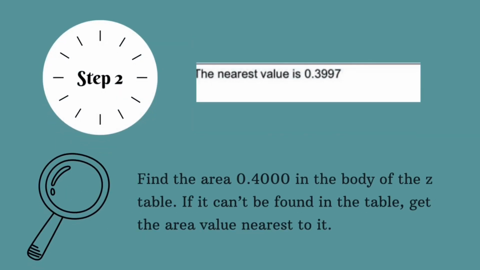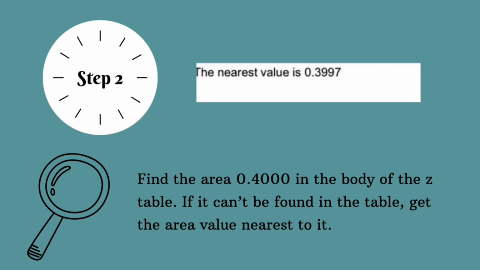Now, let's proceed to step 2. Our step 2 is to find the area of 0.4000. Because we converted 40% into 0.4000, we need to know the value or area of 0.4000 in the z-score table.